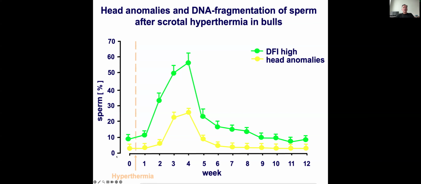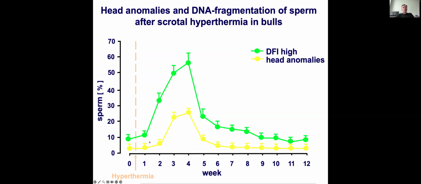Here you can see that after the induction of heat stress there was a tremendous increase of the percentage of sperm with a high DNA fragmentation index. It was more than 55%, but this came a little bit later, the maximum values, compared to the values with the plasma membrane integrity.